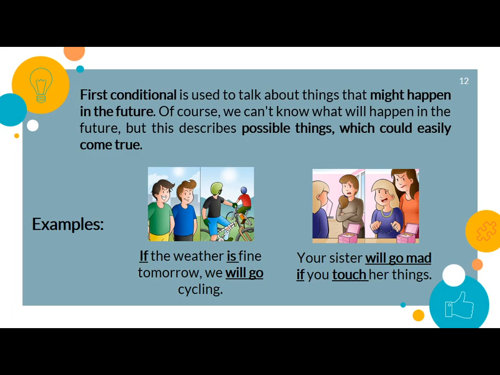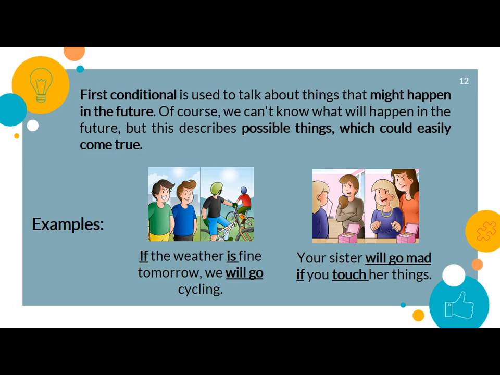Your sister will go mad if you touch her things. That means that if you do this activity in the present, it is more likely that your sister will get mad. She's going to be upset. She's going to get angry. So don't do it, because you don't want this result to happen in the future.